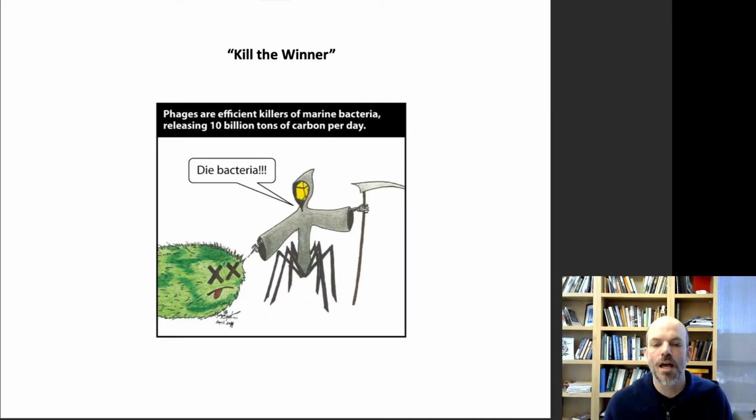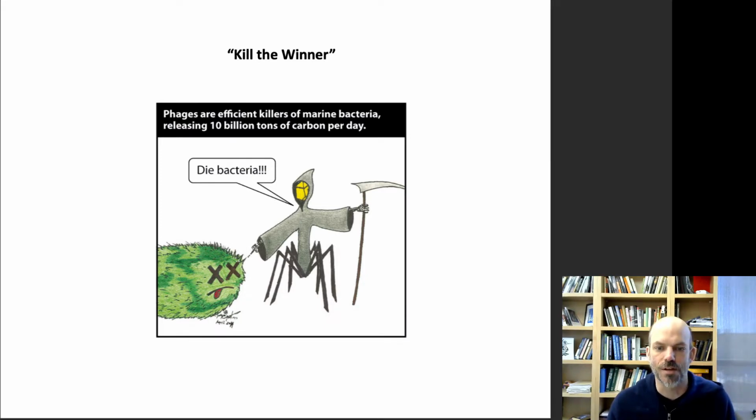Okay. In my last lecture, I talked about the concept of kill the winner, which is how viruses can have a stabilizing effect on ecosystems by infecting the most abundant population in an ecosystem. So the more abundant you are, the more susceptible you are to a viral infection. And the consequence of that is that there's a huge cost to becoming super abundant and potentially making an ecosystem unhealthy.